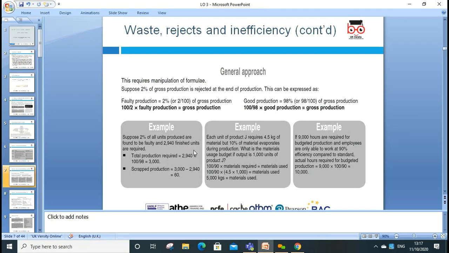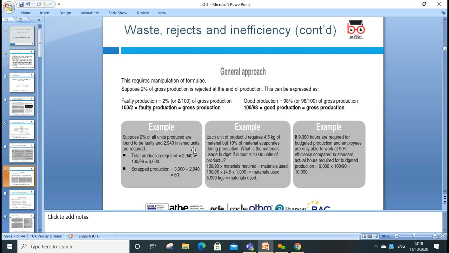Okay, we'll go through this approach now. Suppose 2% of gross production is rejected at the end of the production. This means whatever you produce will not be 100%, it will be 98%. So what you can do is times by 100 divided by 98. Let's go through an example. Say total production required is 2940 units to meet our sales demand, and the 2940 is after 2% rejection.